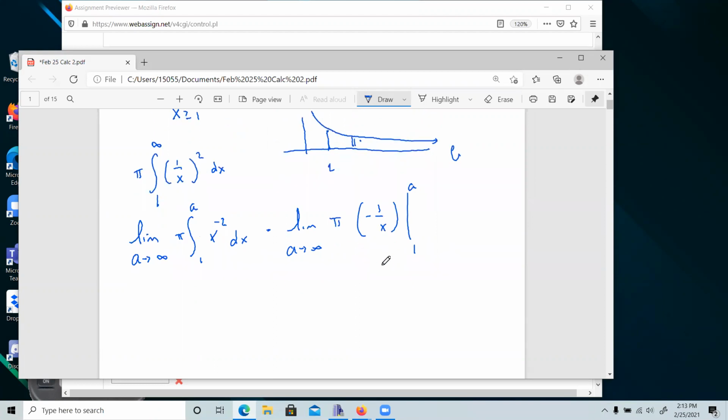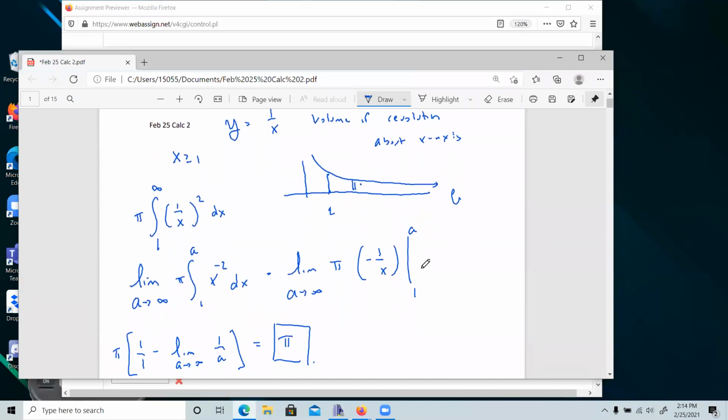Evaluating, this is 1 over 1 times pi minus the limit as a goes to infinity of 1 over a. As a goes off to infinity, this limit is 0, so we just end up with pi. All our problems could be that easy, that would be a very nice thing.